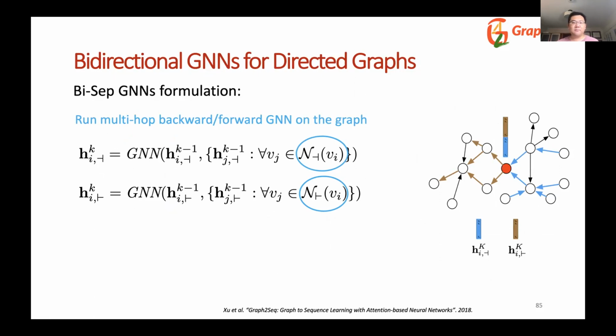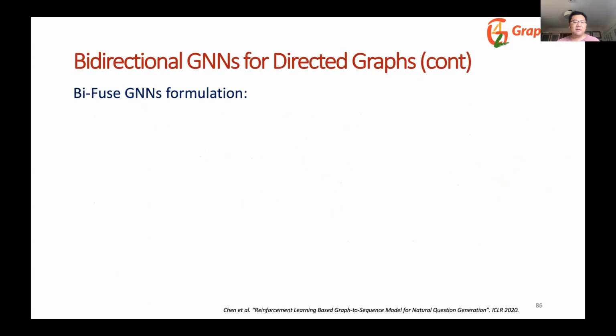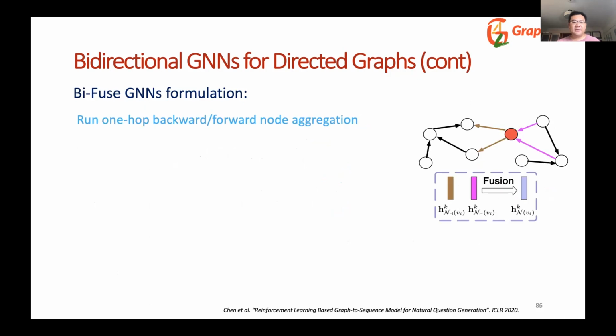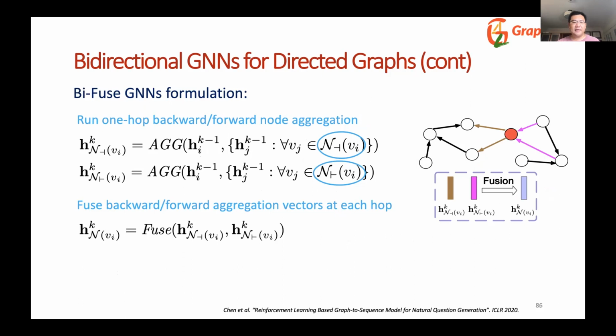In this case, we want to emphasize the importance of the directions by splitting them into incoming edges and outgoing edges. Therefore we can have the backward and forward GNN, and we compare them together, so we will get a better node representation. The other one is bi-fuse, a similar idea, but instead of calculating the node representation at the end, we fuse the information in the intermediate steps so that we can have a better representation at each step.